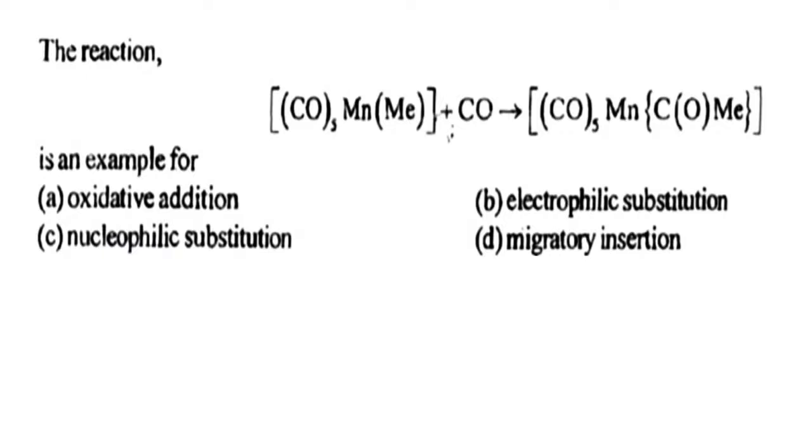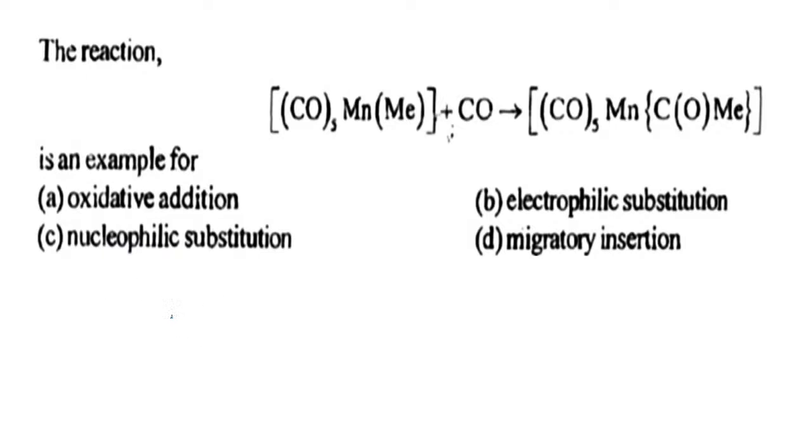All right. So let's discuss this question. Okay. So basically, in this particular question, what we have to do, we have this reaction, and we just have to figure out which type of reaction this is an example of. Okay.